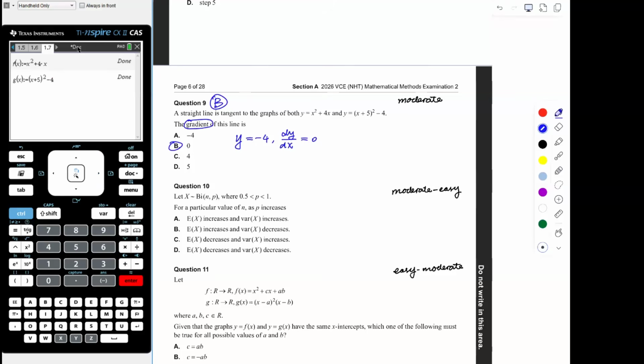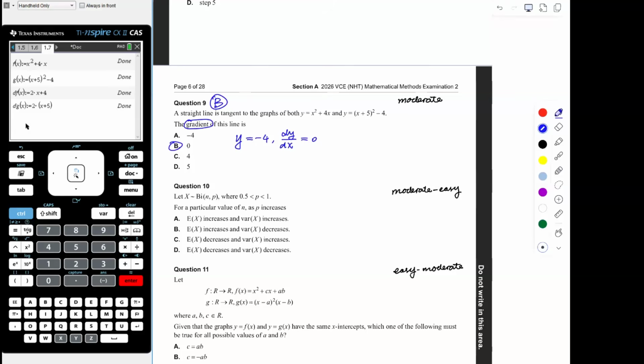What I will do is I'll also define the two derivative functions. For example, 2x plus 4, and g'(x) is assigned to 2 times x plus 5. And then suppose I don't know the graph, but I know there are two different points on the f graph and g graph.